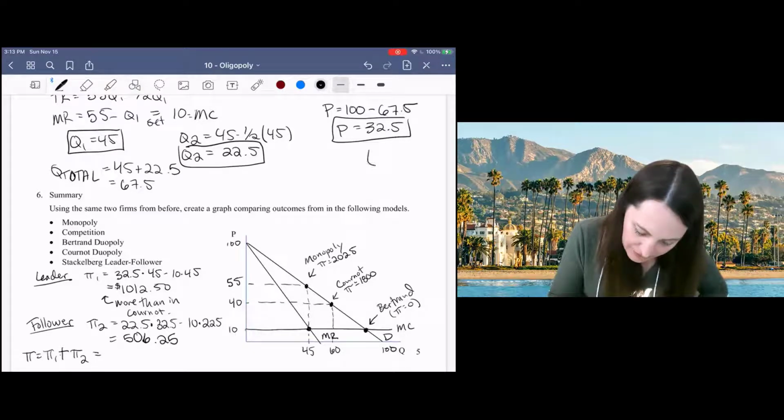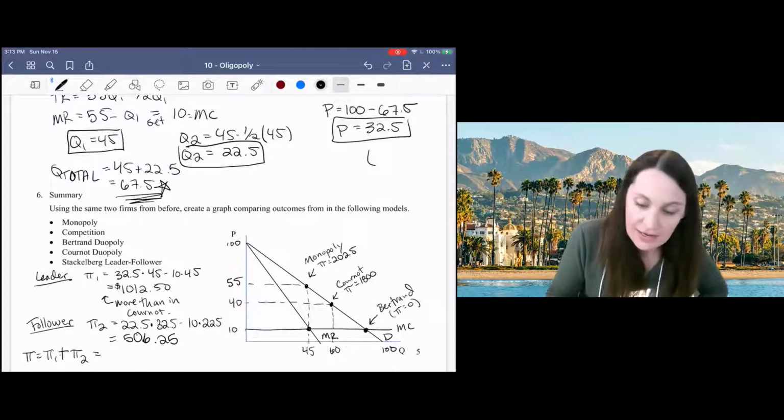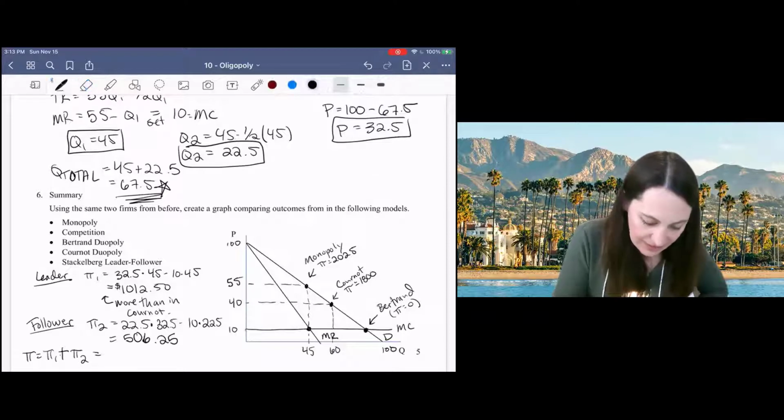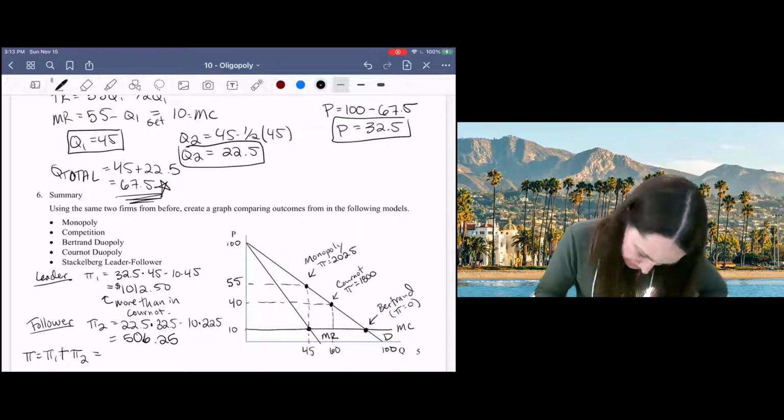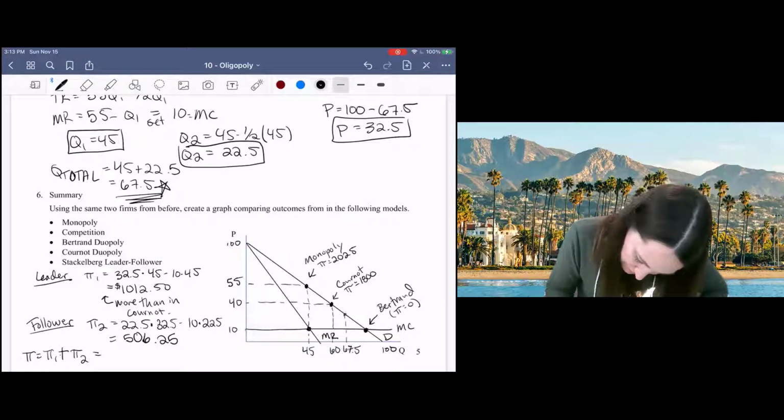You can see they've produced a larger total quantity than in Cournot. They just produced 60. So again, we're moving away from the monopoly outcome, and so profit is going to be decreasing.